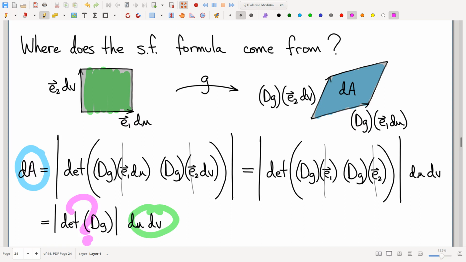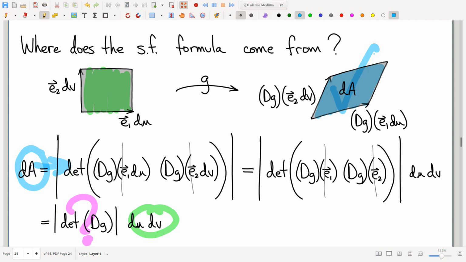I just need to compute that scalar multiple. So what I'm going to do is compute dA and view it as being a multiple times du dv, and that's our stretching factor.